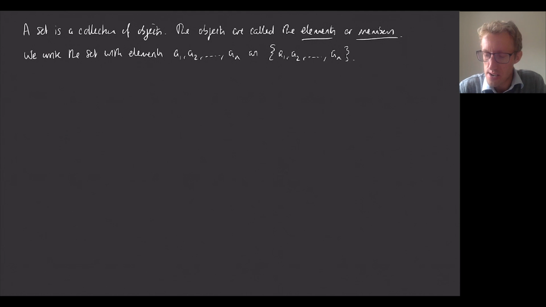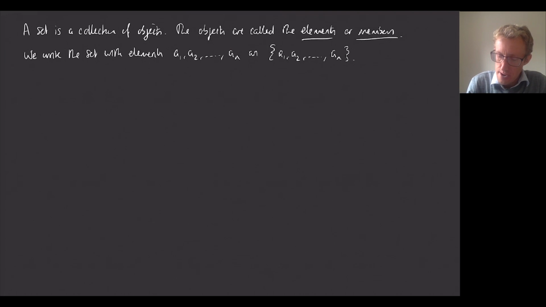And if we interpret it in the wrong way, too broadly, then we might run into trouble. But it turns out it's not that straightforward to give a better definition of a set. And it's something that you'll have to wait until, I think, in the third year, a course on set theory to look into that more. So for our purposes, this is going to be okay, but we just need to be a bit careful about the fact that the definition is a bit loose.